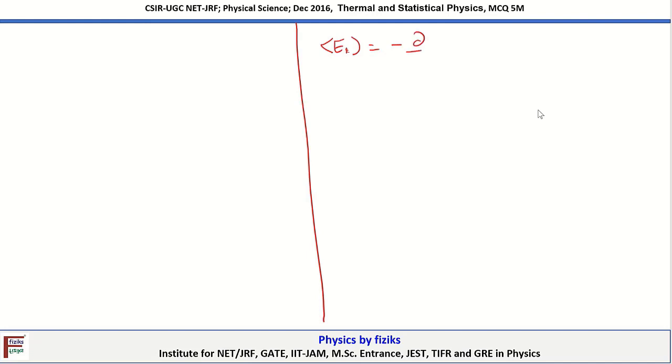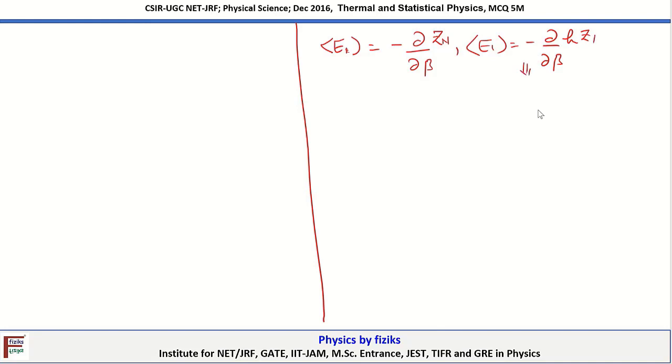So this is equal to minus curly beta of Zn, and if we use the expression for the single particle, then this is minus curly beta of ln Z1.